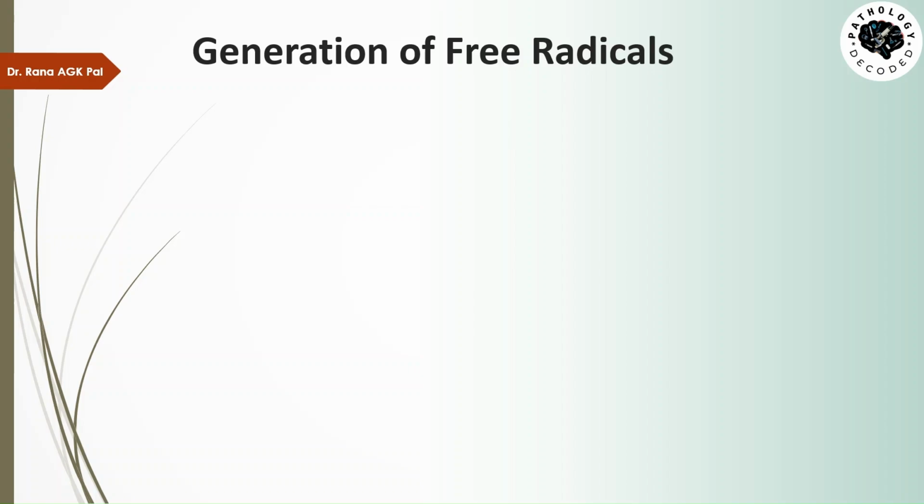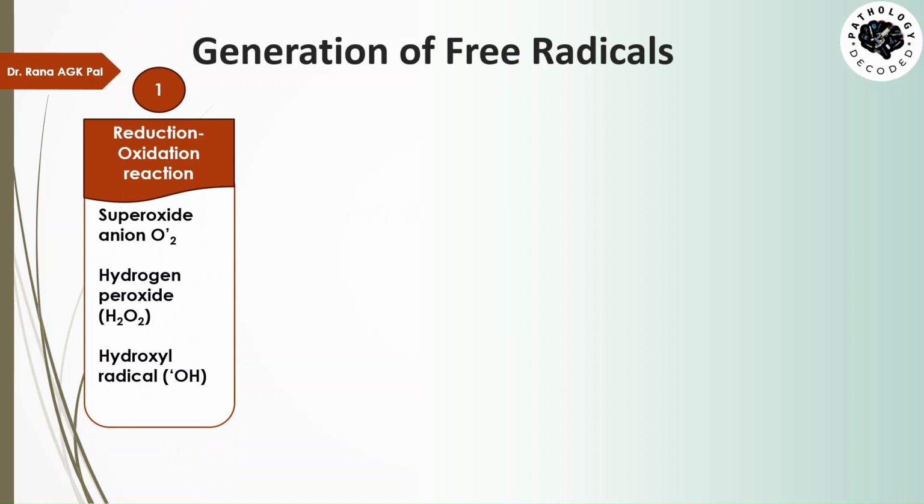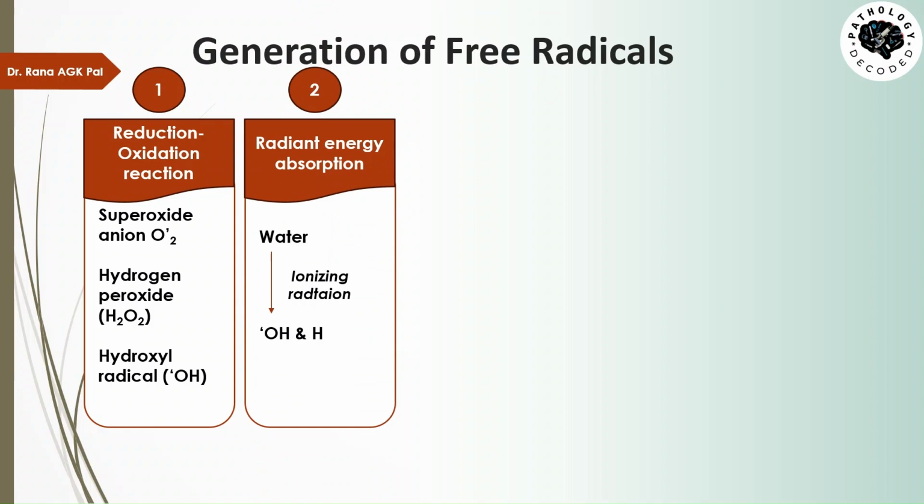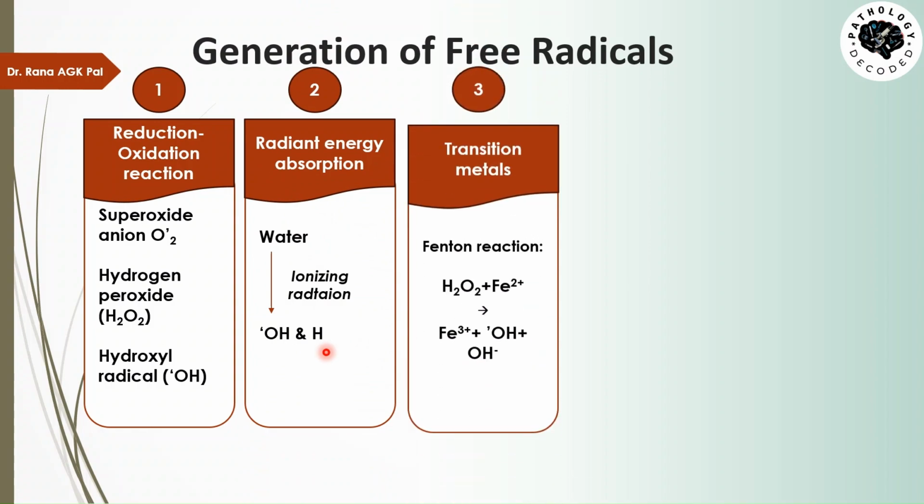So how are these free radicals generated in a body? There are various ways these free radicals are generated in a body for many different reasons. One of them is the normal reduction oxidation reactions that occur in a body. These reactions occur during normal metabolic processes, and at that time superoxide ion, hydrogen peroxide, and hydroxyl ions are generated. Then we have radiant energy absorption, in which ionizing radiation, when it acts upon water, breaks it down into hydroxyl and hydrogen ion.